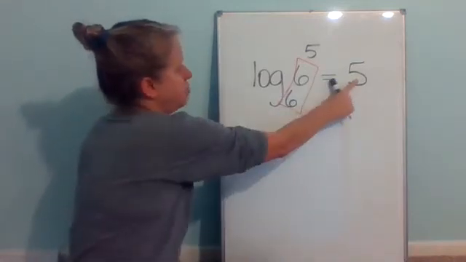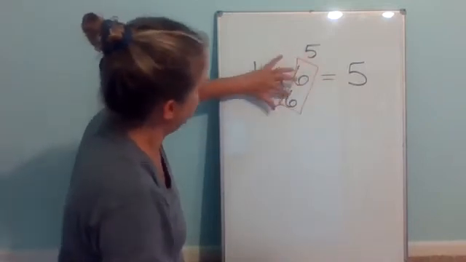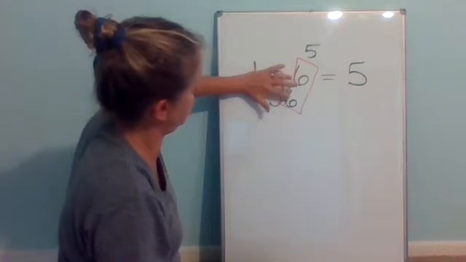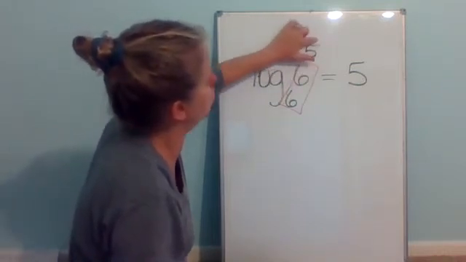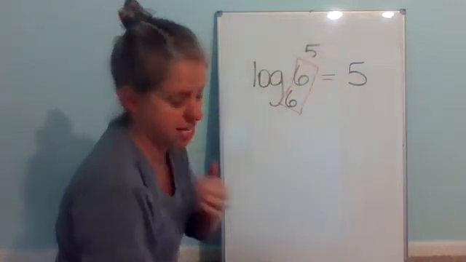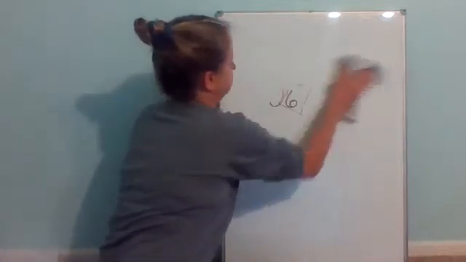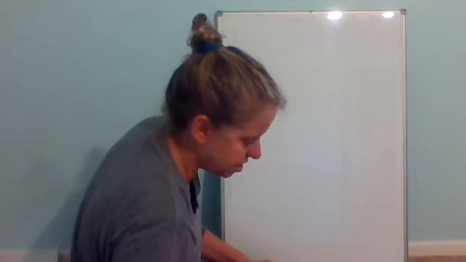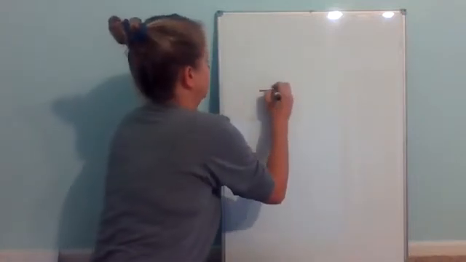Because 6 to the 5th power is equal to 6 to the 5th power. So that's why if these two things are the same, your base and what you're taking the log of, it is simply equal to whatever that exponent is. So let's remember that when we go on number 7. I have e to the t equals 629.